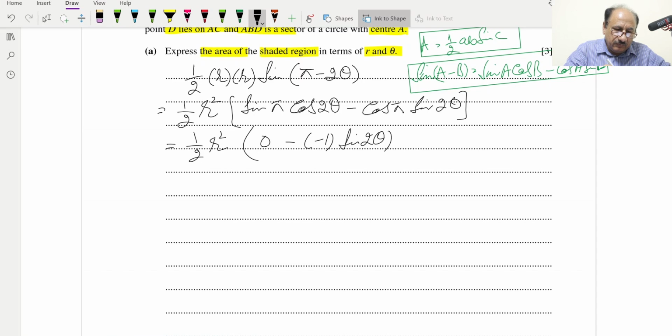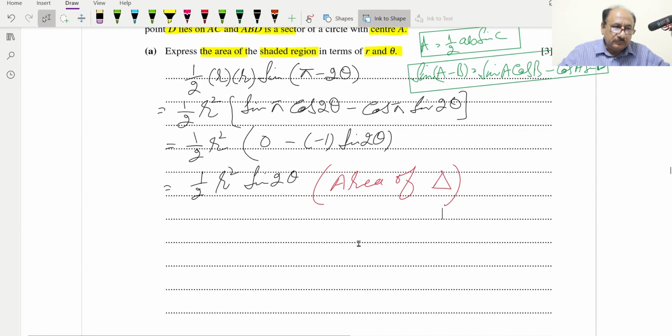Now next will be 1 by 2 r square, and minus minus plus, so sine 2 theta. This will be the area of the triangle.